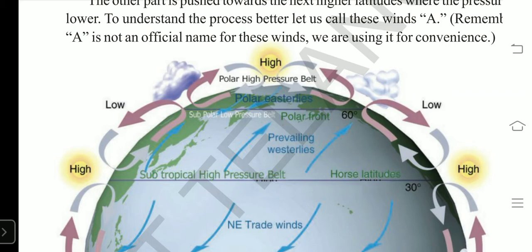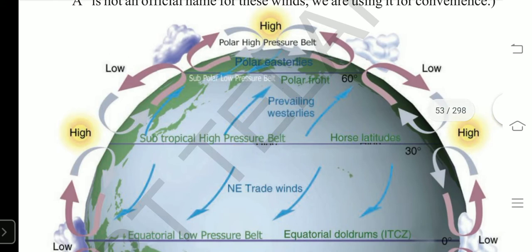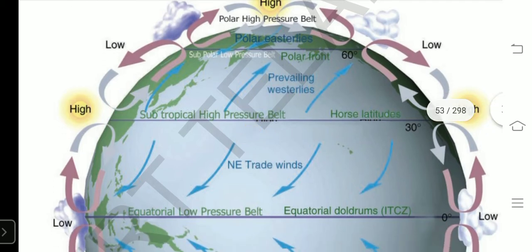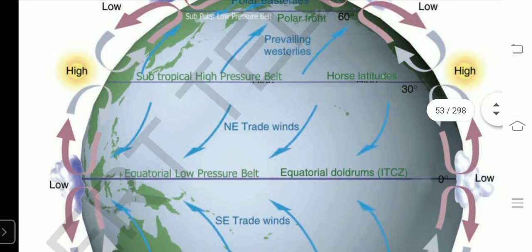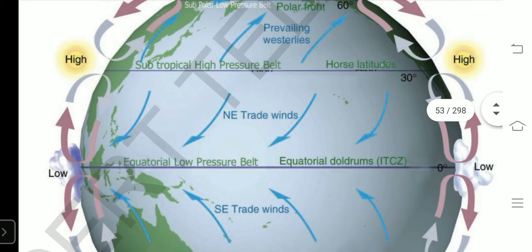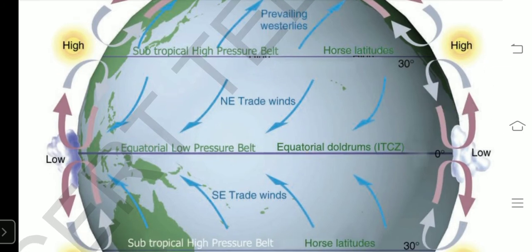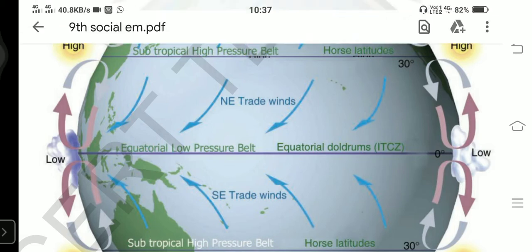So these winds are very useful. Let's see the effects of planetary winds. We have noted that atmospheric pressure and wind systems are the impact of the lithosphere and the hydrosphere on the atmosphere. Lithosphere in the sense of the land part, right?